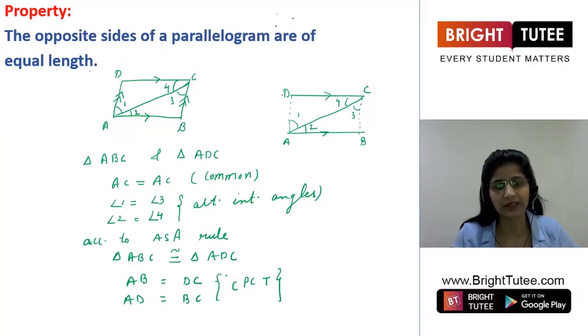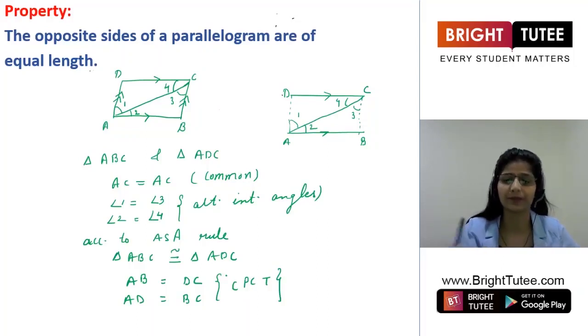It will be a polygon having four sides. Then the opposite sides or pair of opposite sides are parallel to each other, right? We have two parallel pairs. That means AB here is parallel to DC as well as BC is parallel to AD. Right. The second thing that we have proved here is we have proved the opposite sides are going to be equal in length. Clear? Let us now do one question based on this property.